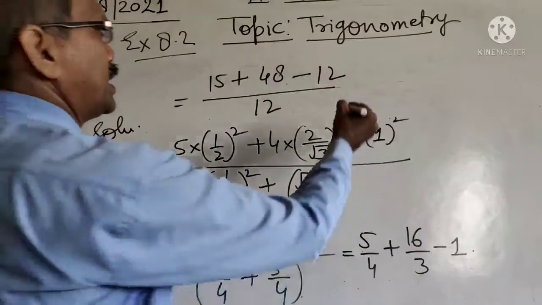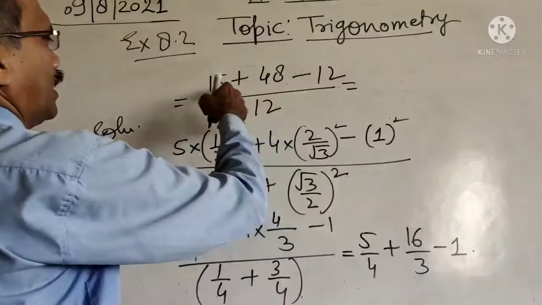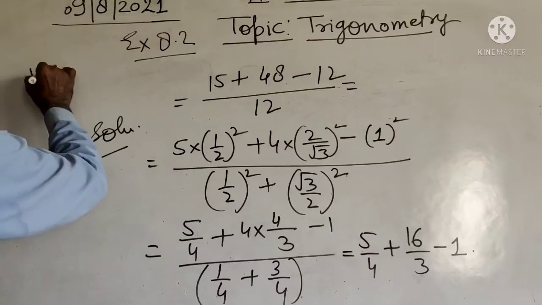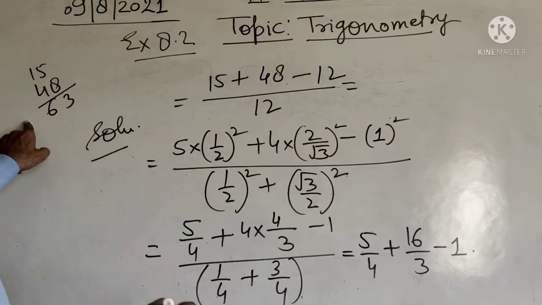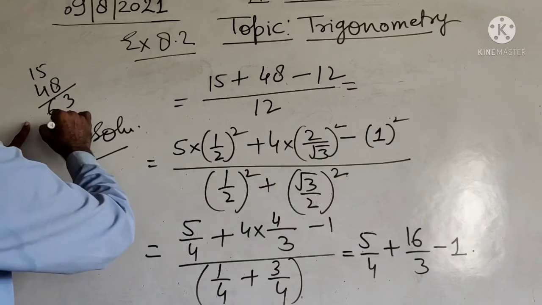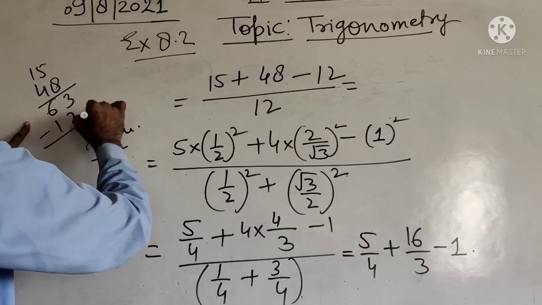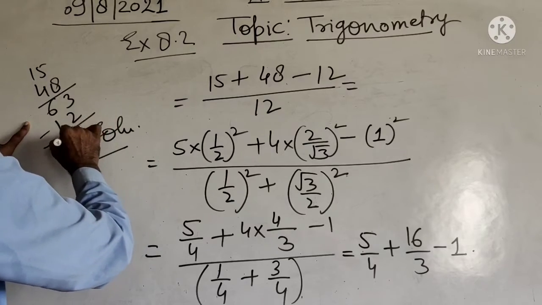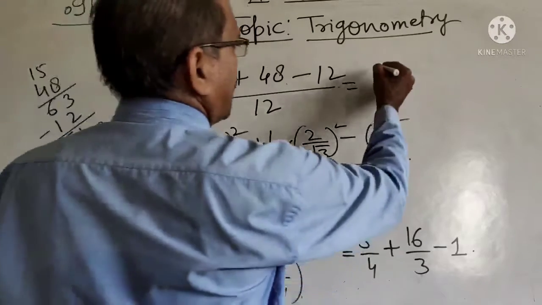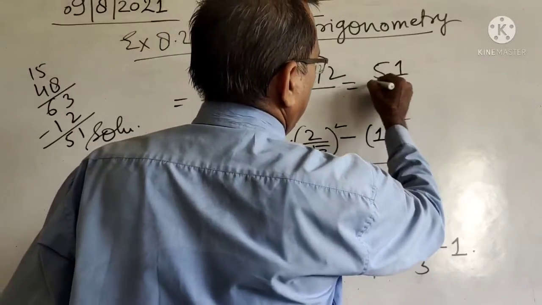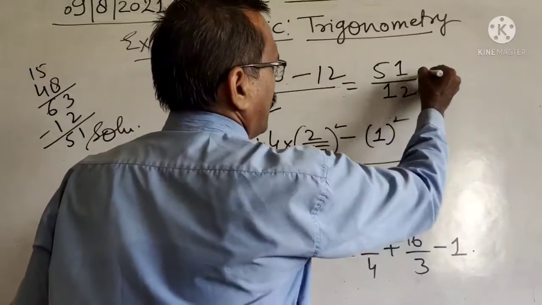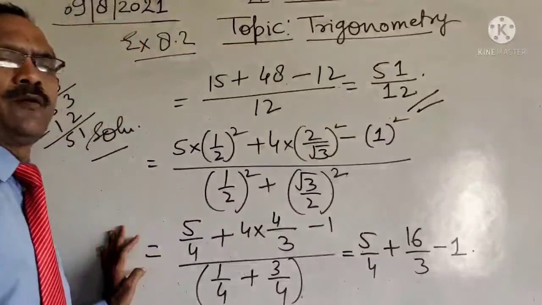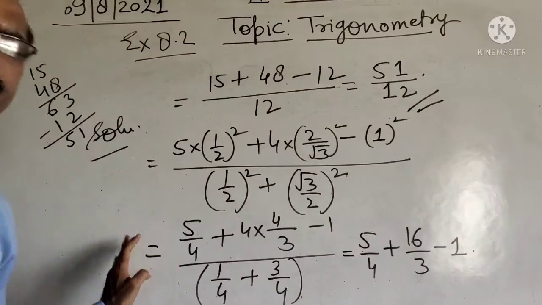Then 15 plus 48 is 63, minus 12, it is 51 upon 12. So the answer is 51 upon 12.